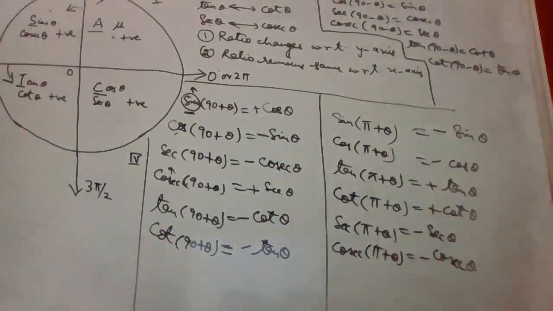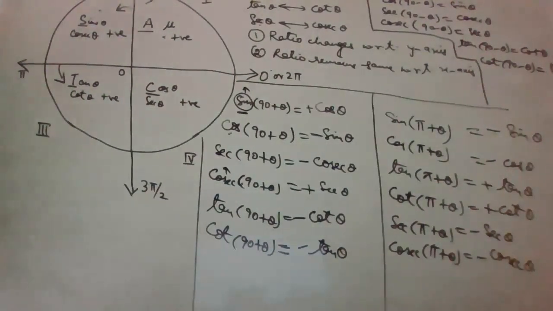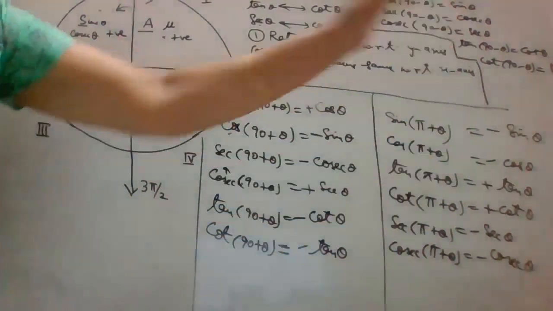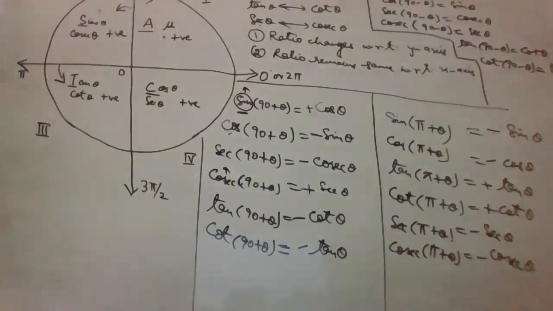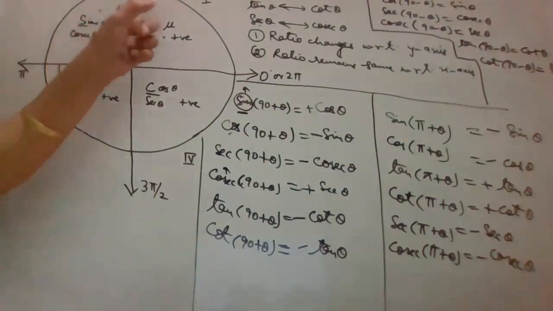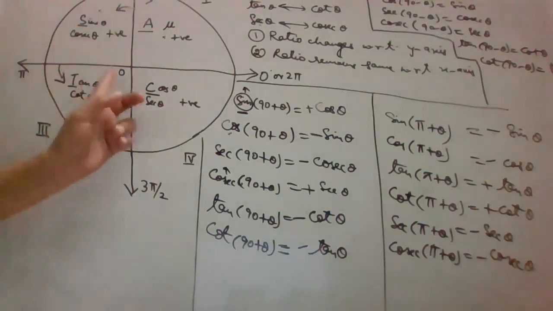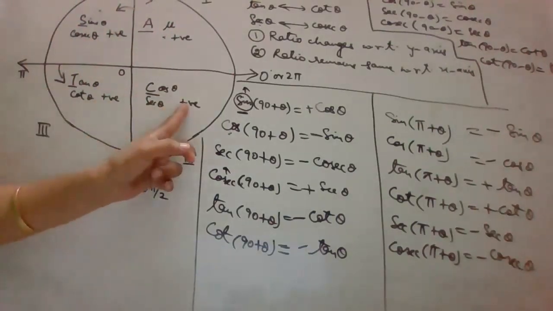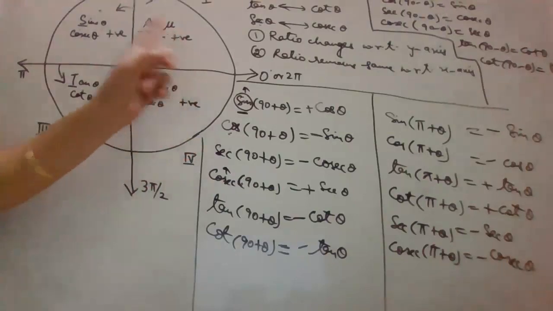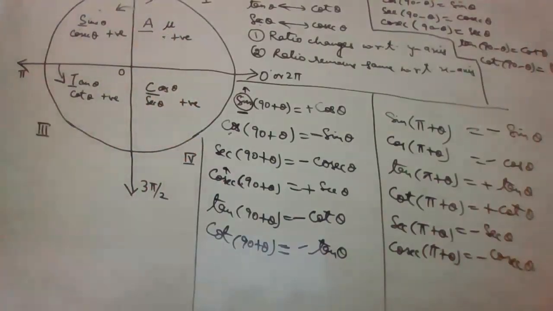Okay, so this is how we have to apply the ratio changes. So how many changes will be there? I have done 1, 2 and the third here. We have 90 minus theta, 90 plus, pi minus, pi plus, 270 minus, 270 plus, and 2 pi minus, 2 pi plus. So all these ratio changes we have, and you have to write all of them in your notebooks.